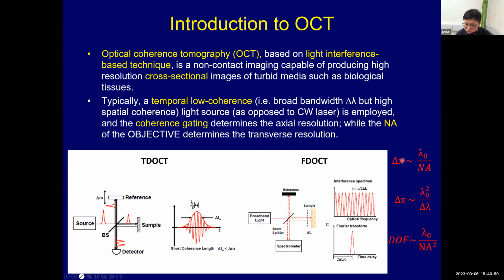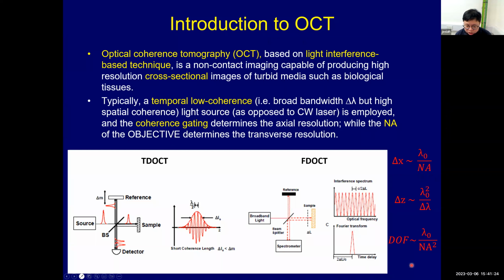These are some of the formulas I highlighted here. I believe most of you are quite familiar with this. The transverse resolution is governed by the NA and the wavelength. But the axial resolution is governed by the wavelength as well, and depends more on the bandwidth, which I mentioned earlier.